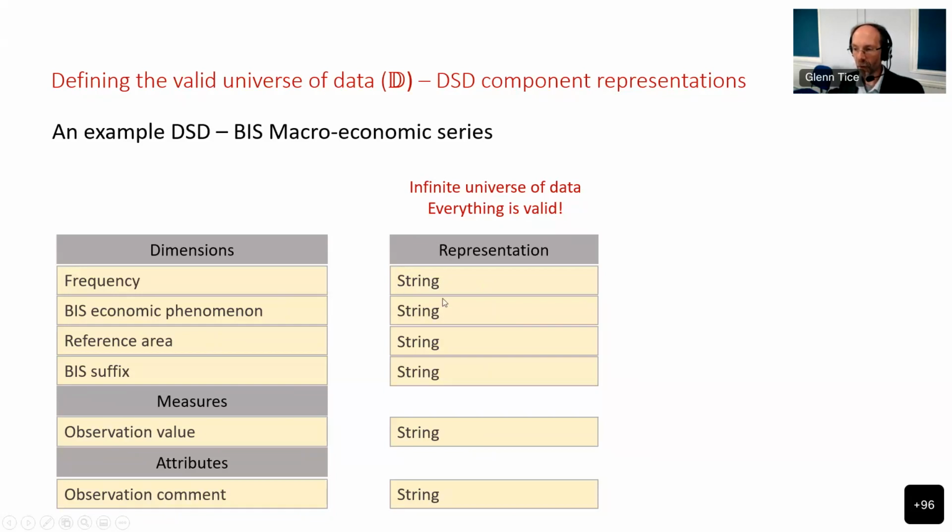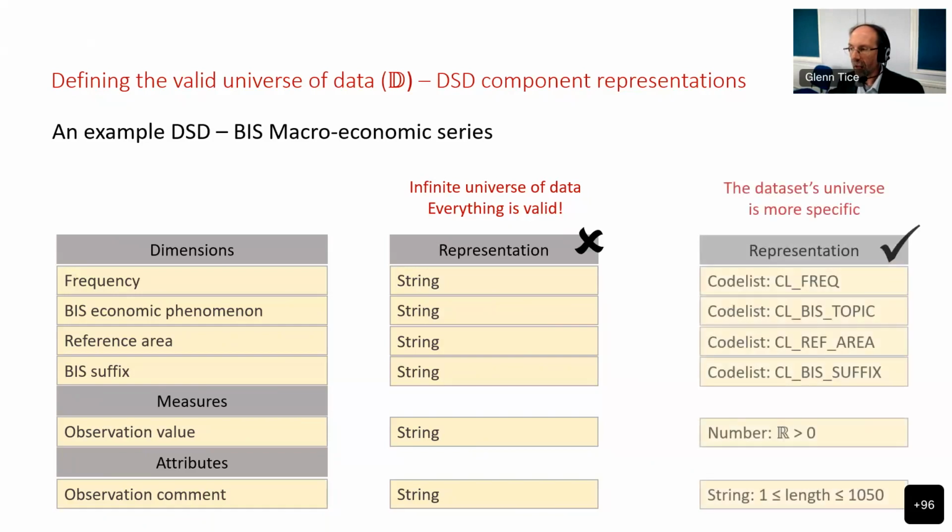Because there's no restrictions on the values that we can apply to each one of these dimensions, measures, and attributes, because all we've defined is simply a string. So assuming that the string length is infinite, it basically creates no restrictions on our universe of data. So for all intents and purposes, everything is valid. So that's not particularly helpful.